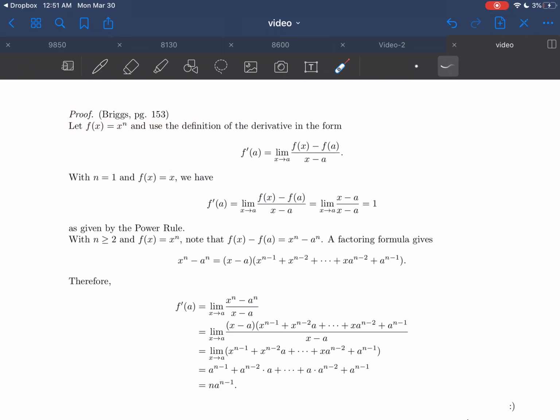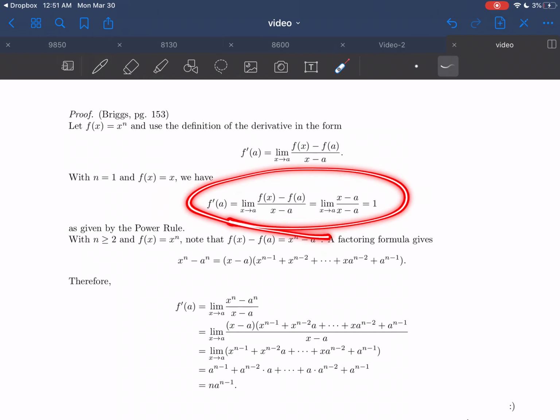If we let f be some power function, we can use our limit definition of the derivative. If n equals 1 and f of x equals x, then our derivative is equal to 1.